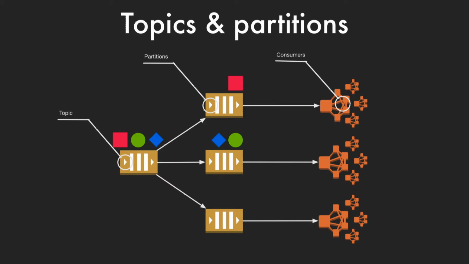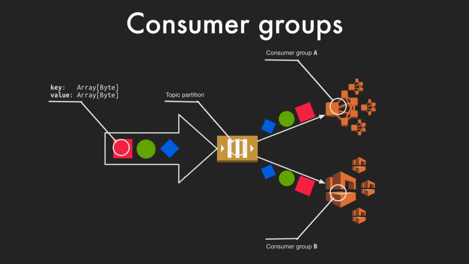In reality, you will want to replicate the topics. If all that you did is divide the topics into partitions, and one of your partitions failed, well, you'd be losing those messages. Then there's a concept of consumer groups. So multiple consumer groups can subscribe to a topic, and the offsets that Kafka maintains are unique per consumer group.